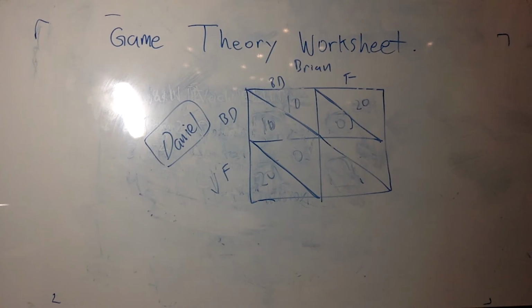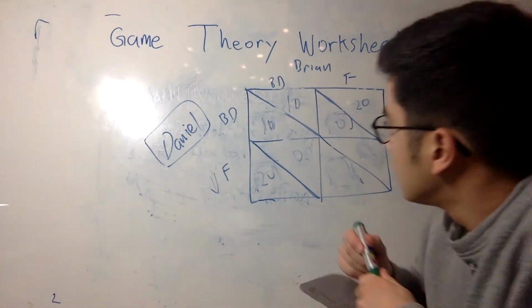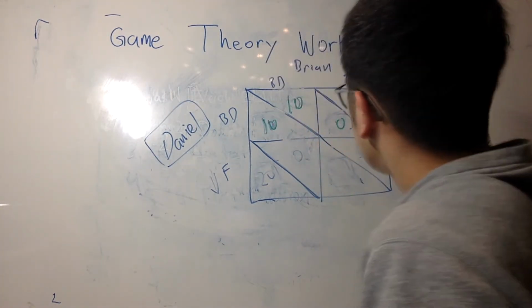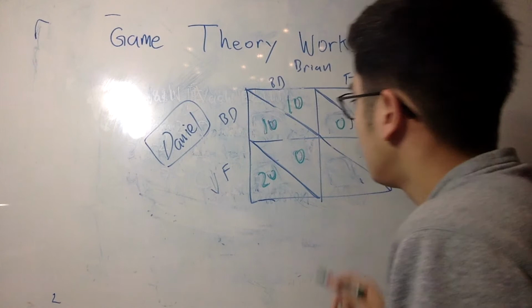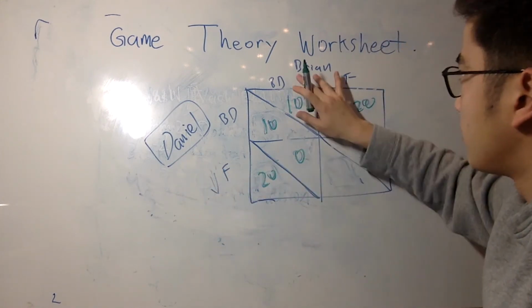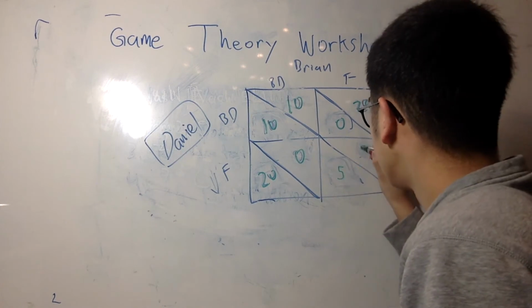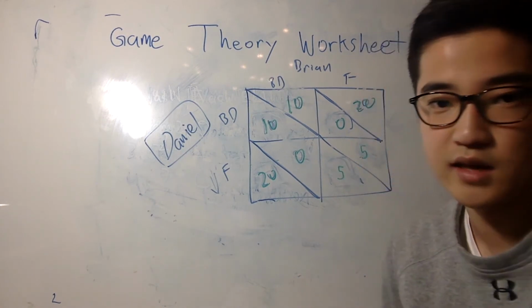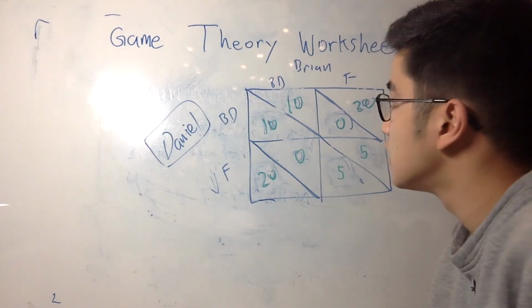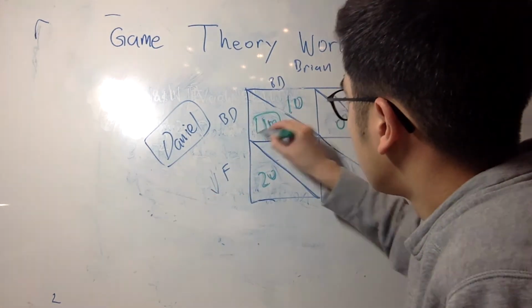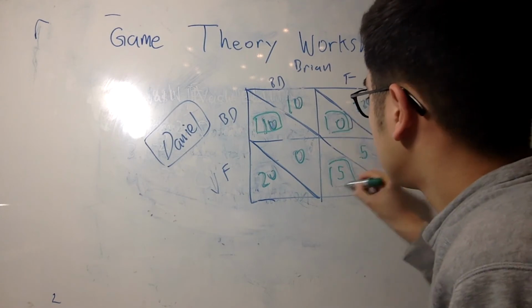Hold on, that's really difficult to see, so let's use a different marker. 10, 10, 0, 20, 20, 0, 0. And lastly, if Daniel decides to fight and Brian decides to fight, they will both be getting 5 grams of protein because none of them will be eating a burger, but they will be splitting a sandwich in Dr. Gerhard's office. Like I said, I like to put a box around this, so these will be all Daniel's numbers.